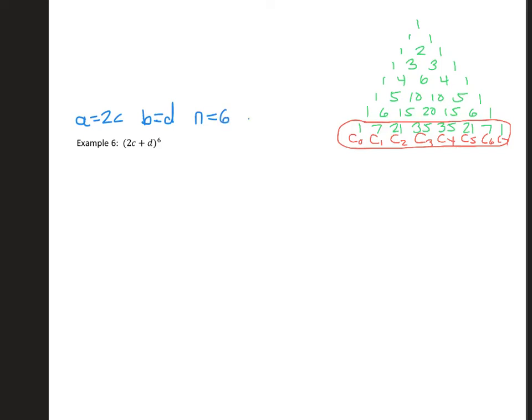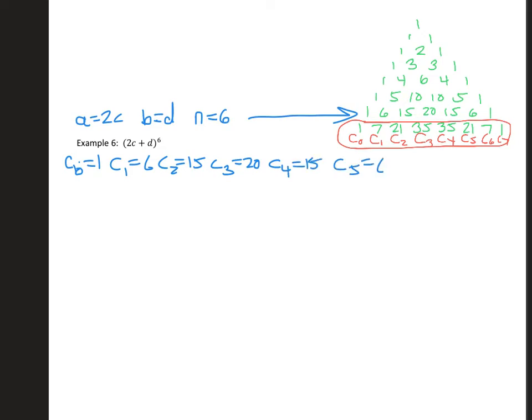I'm going to cheat over here and use the same Pascal's triangle that we already drew, so I can see that C sub 0 equals 1, C sub 1 equals 6, C sub 2 equals 15, C sub 3 equals 20, C sub 4 equals 15, C sub 5 equals 6, and C sub 6 equals 1.